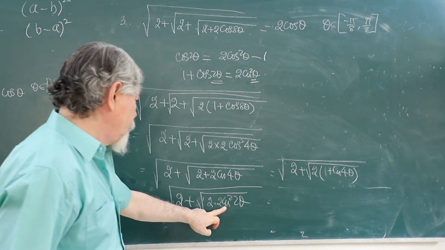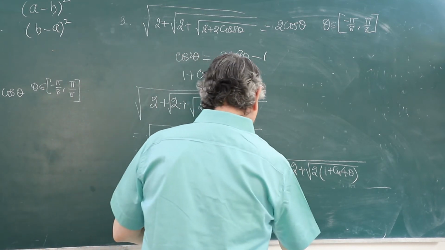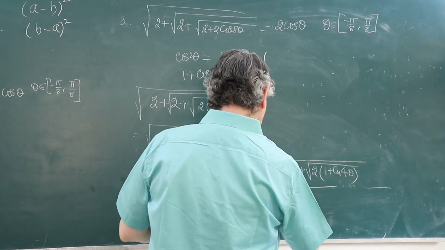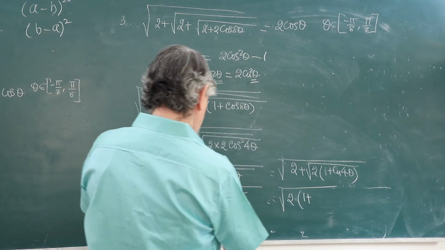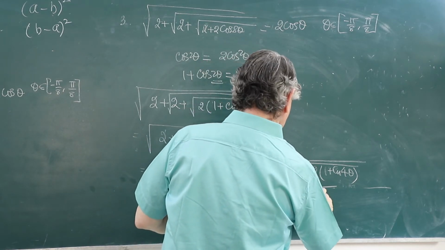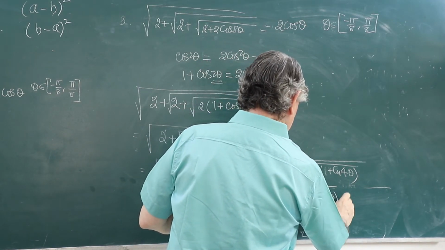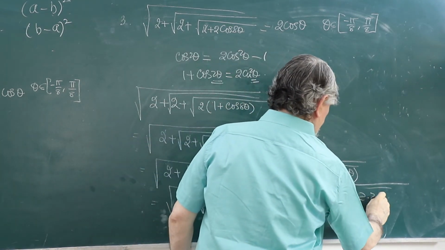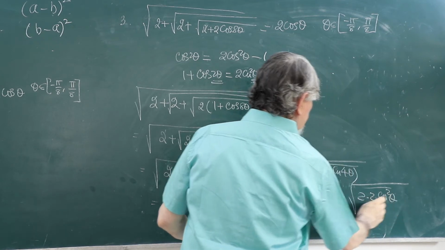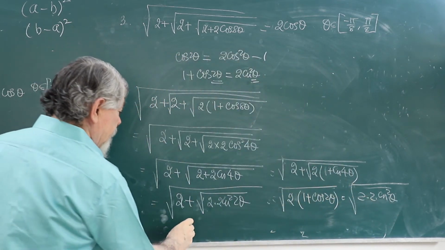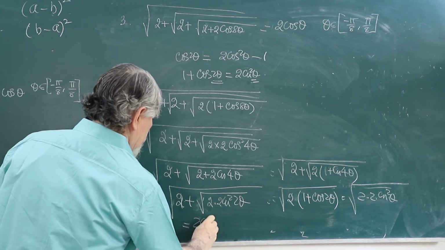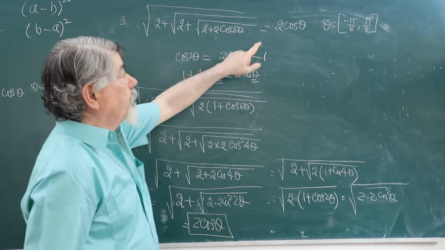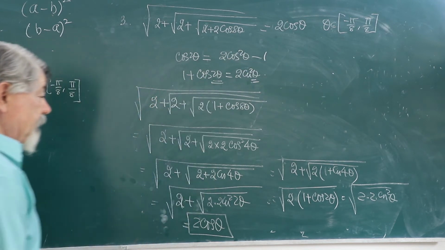It will become 2 cos square theta, 2 will be common, and 1 plus cos 2 theta will become 2 into 2 cos square theta. So 4 cos square theta will become 2 cos theta. That is what we wanted, 2 cos theta to be the answer.